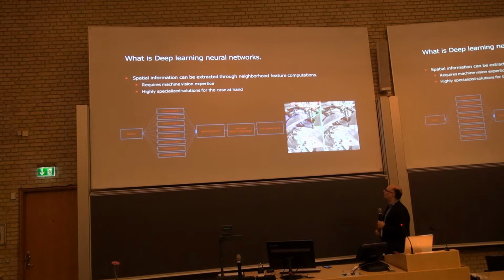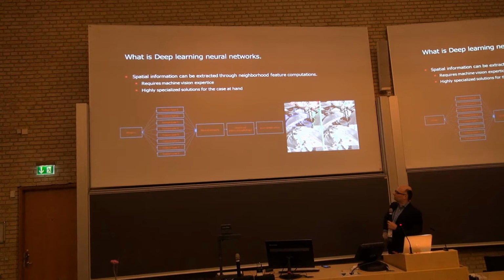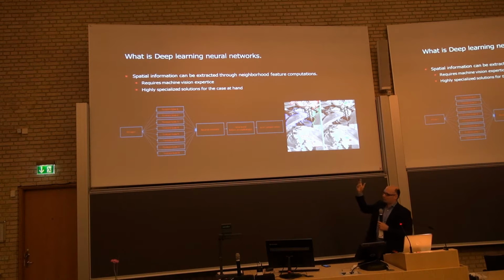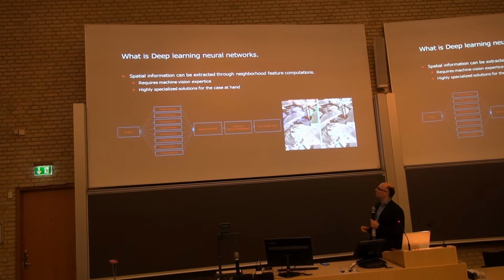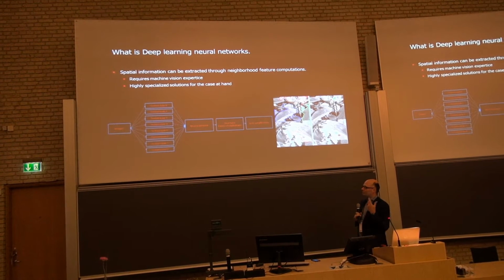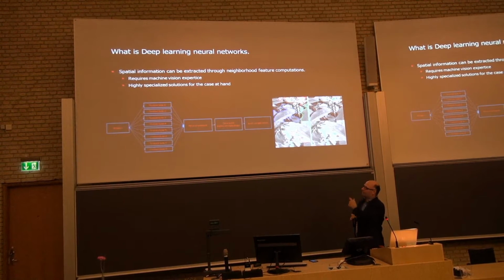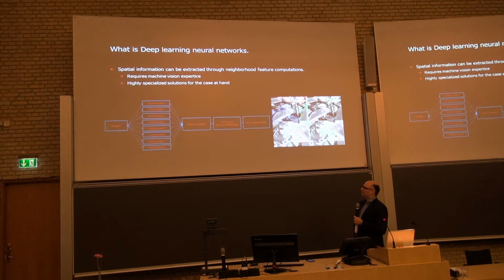Then I have this small project with apples, where I didn't want to just base my decisions on one pixel because there's some texture I needed to see. In order to do that, then you have to start to use all your knowledge in machine vision, and then you can do, for example, texture laws.